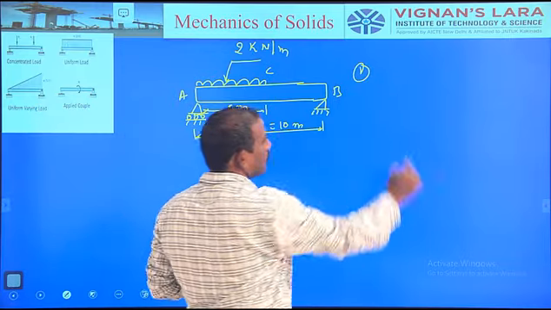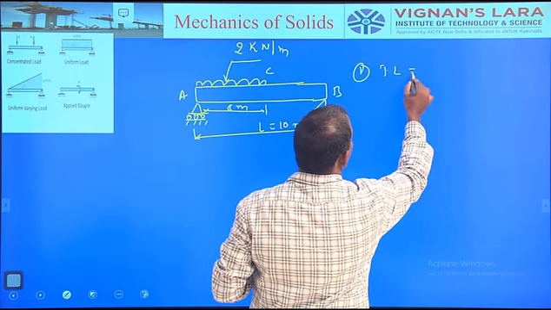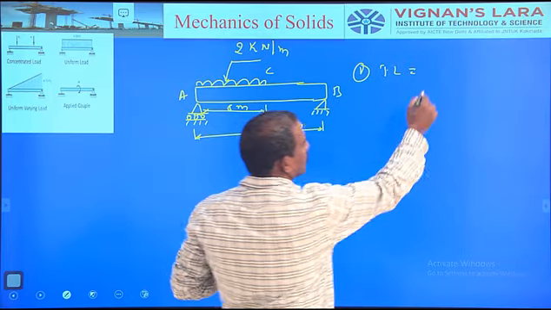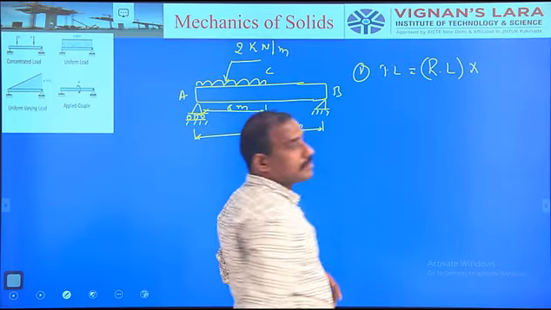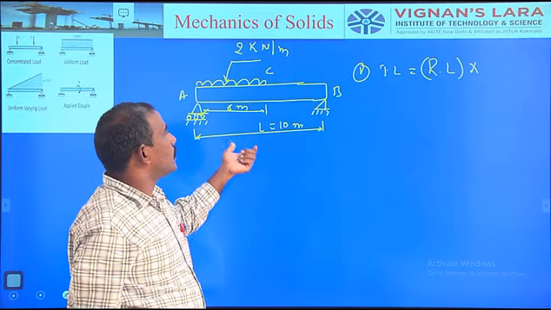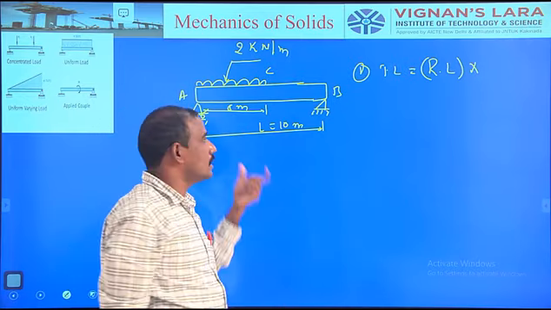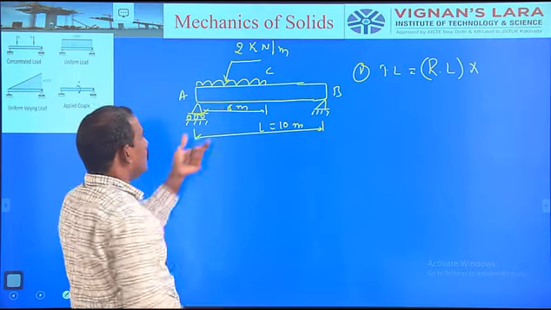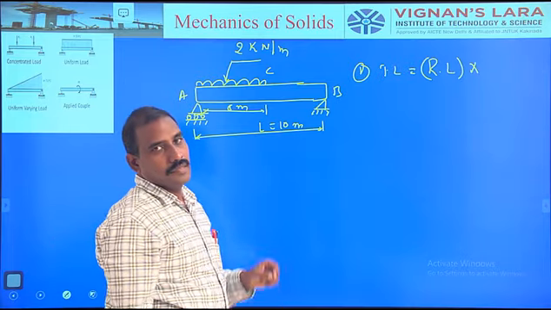First we have to calculate the total load. So the total load is equal to, as you know, the rate of load into the length over which the load is distributed. Here the load is distributed over a length or distance of 5 meters only, not 10 meters.